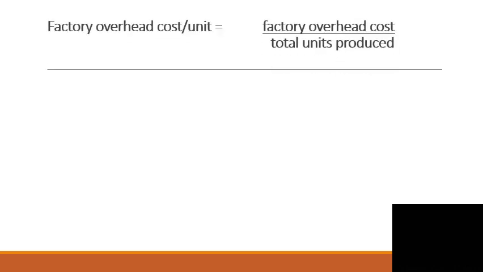Fixed overhead costs. Fixed overhead costs divided by total units produced. What might result in an increase of fixed overhead costs? We need to know the nature of fixed overhead costs. What constitutes fixed overhead cost?